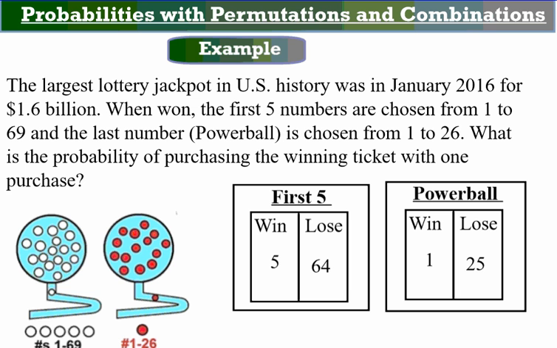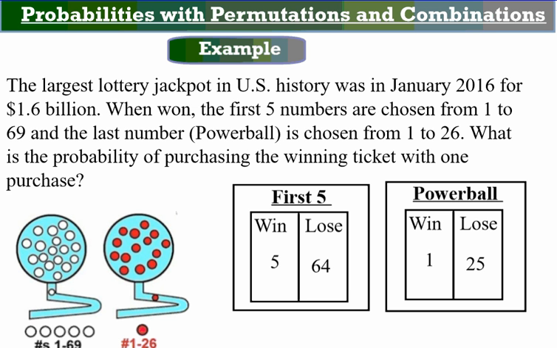Second scenario occurs whenever the Powerball is drawn on a biweekly basis. The largest lottery jackpot in U.S. history was in January of 2016 for 1.6 billion. When won, the first five numbers are chosen from 1 to 69, and the last number, Powerball, is chosen from 1 to 26. What is the probability of purchasing the winning ticket with one purchase?